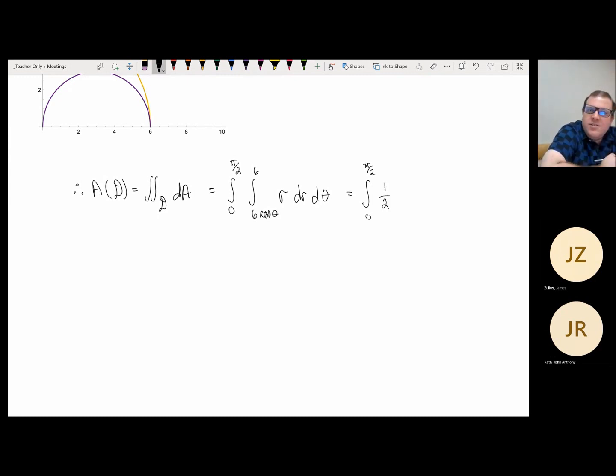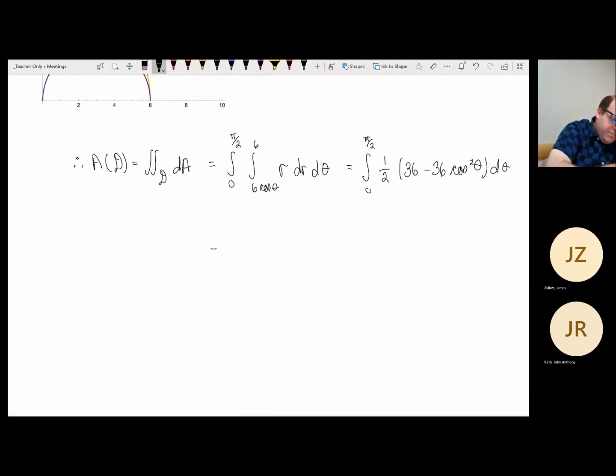We're going to have a half r squared evaluated from 6 cosine theta to 6, which is 36 minus 36 cosine squared. Pull out the 36 over 2. The integrand becomes 1 minus cosine squared.